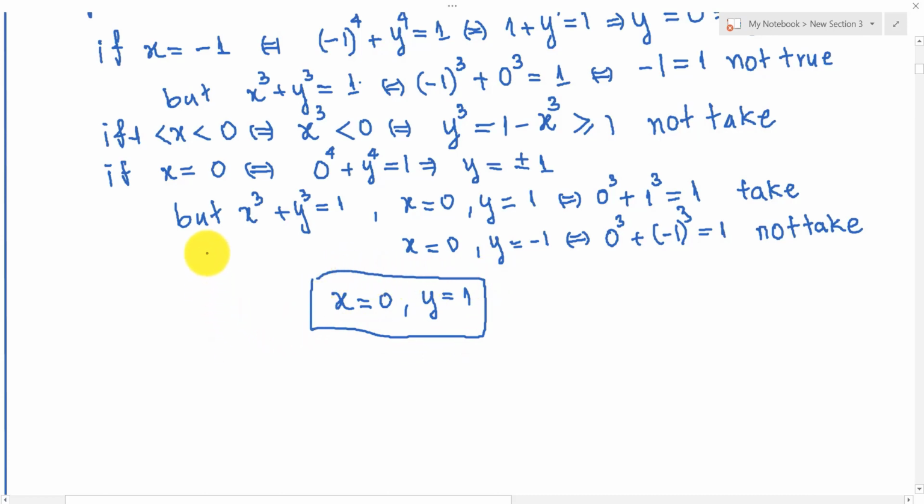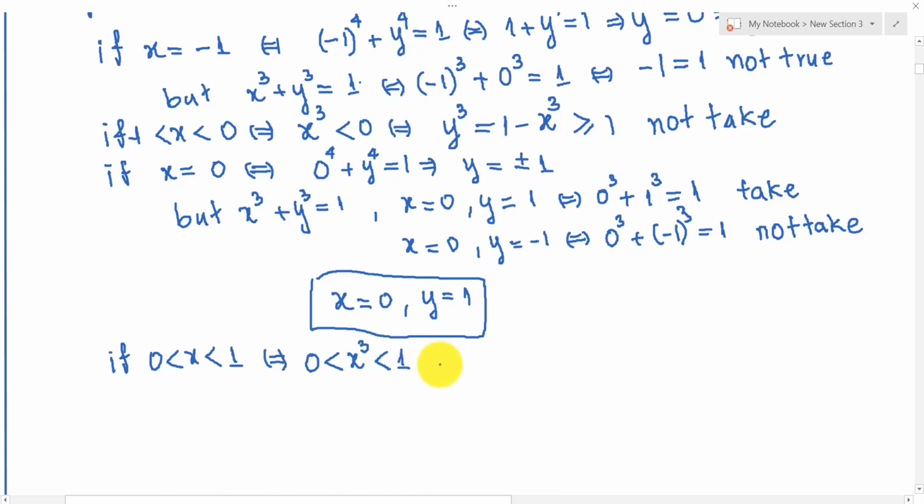And then we take off if 0 is smaller than x and smaller than 1. So we can get 0 is smaller than x^3 and smaller than 1.